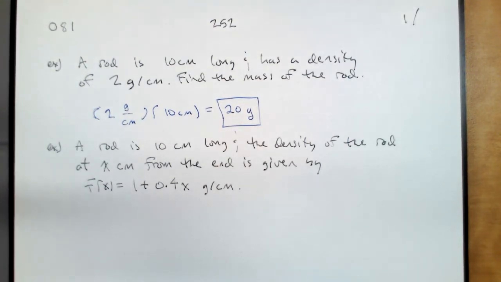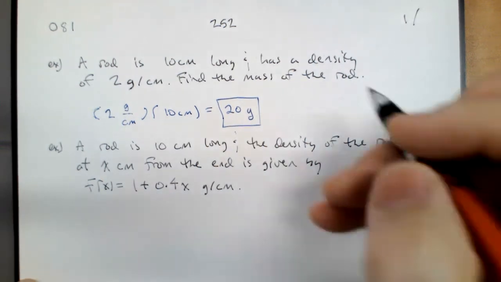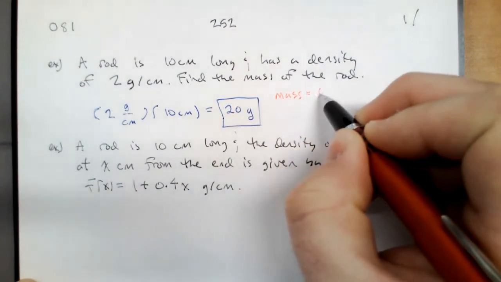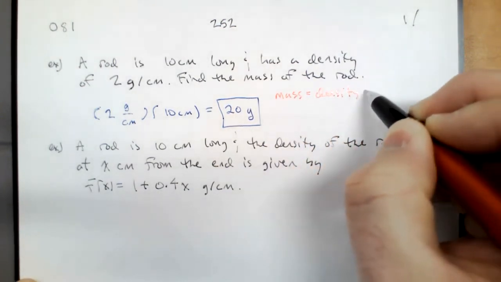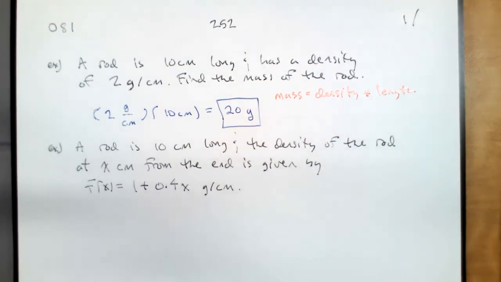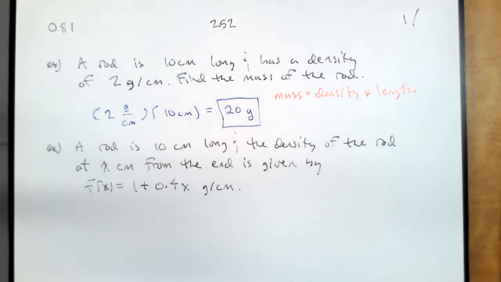In this case, mass was just density times length. We didn't even have to think about what to do. We just kind of knew mass is density times length. What we want to notice, because this is calculus class, is that we got to multiply because everything was constant.